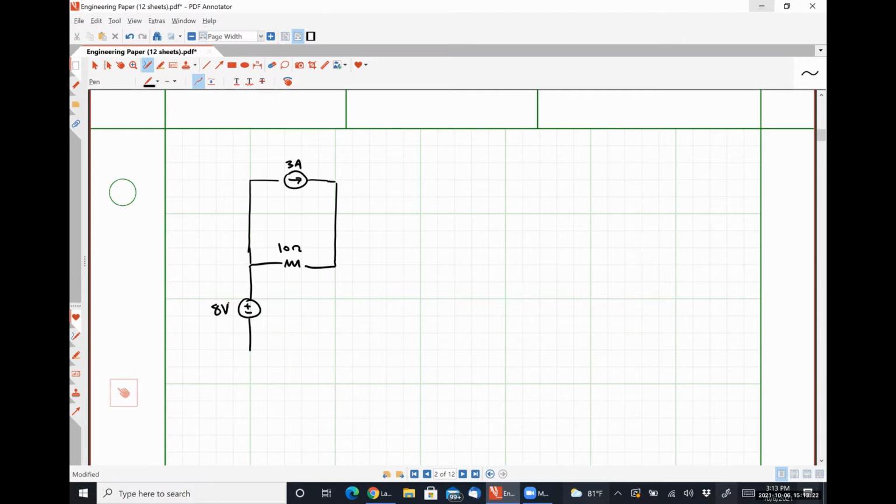We had our 8 volt source here. We had a 2 volt source here. Here's terminal A. I'm going to remember to draw this 6 ohm resistor this time. Here's terminal B. So if we wanted to find the Norton current.